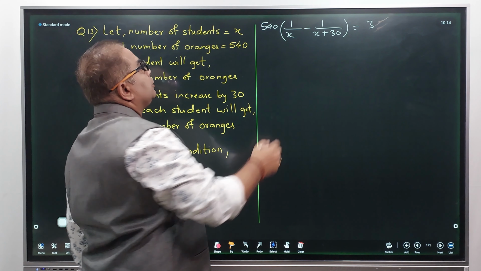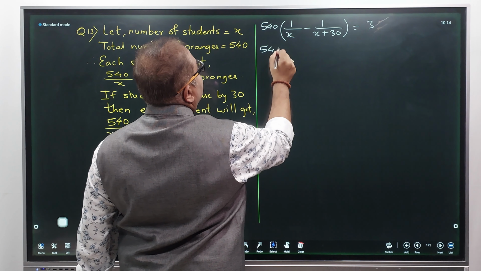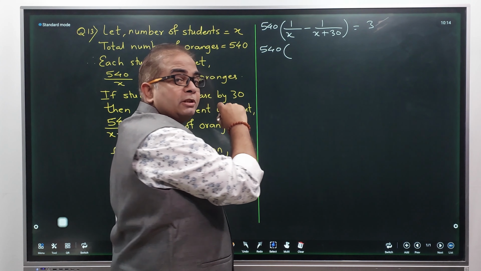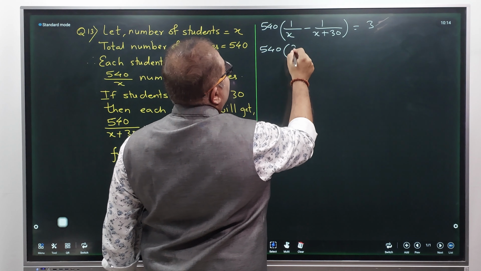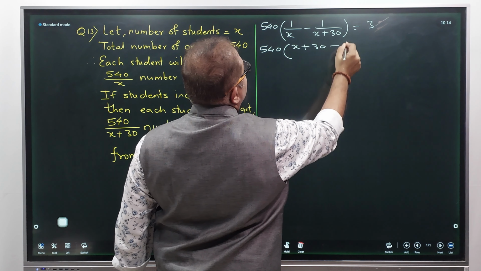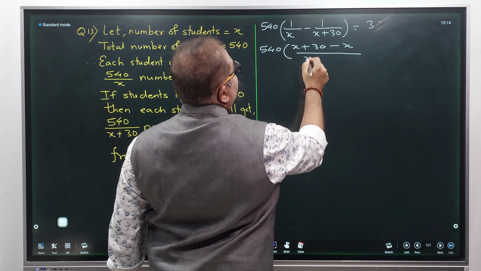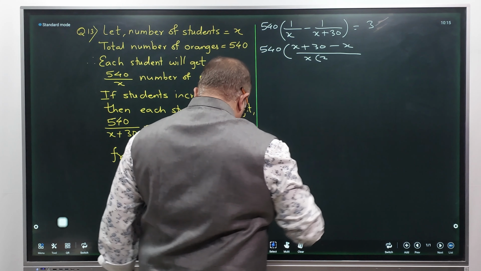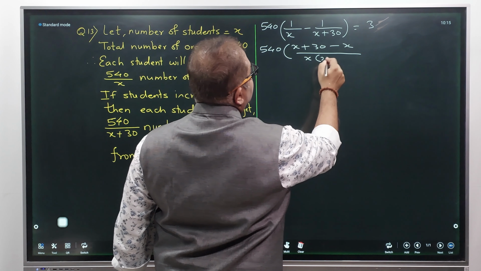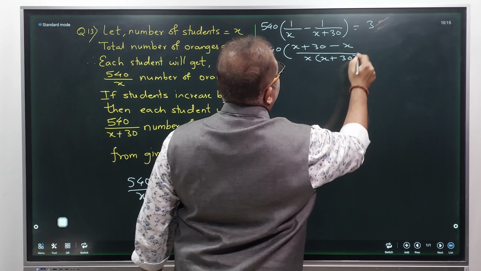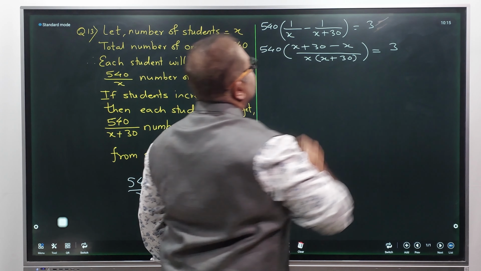Okay, so 540 क्रॉस मल्टीप्लीकेशन करेंगे. 1 इंटू x plus 30, x plus 30 minus 1 into x is x upon x into x plus 30 equals to 3.